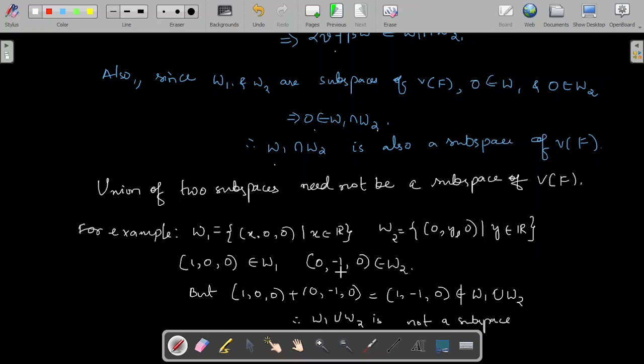Now when you add these two vectors, you will get (1, -1, 0). But that is not there in W1 union W2, because this is neither on the x-axis nor on the y-axis. It is somewhere in the xy plane. That won't come in the union of these two axes. Hence, W1 union W2 need not be a subspace of the given vector space.